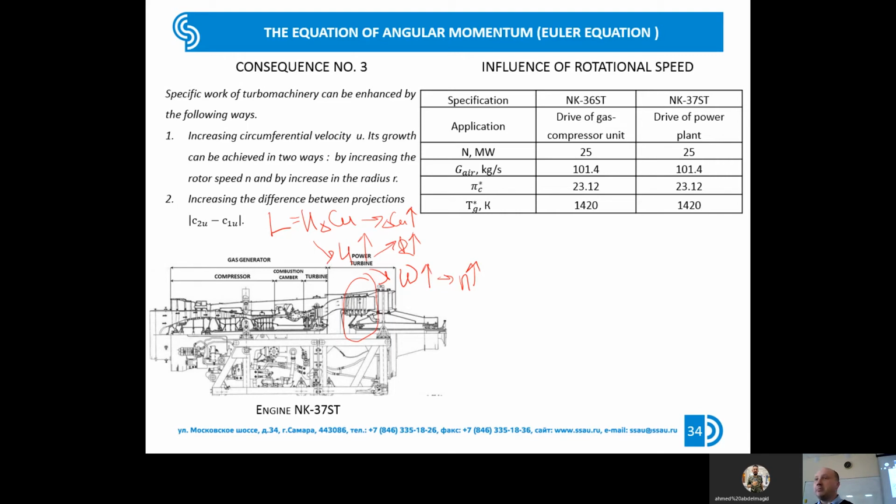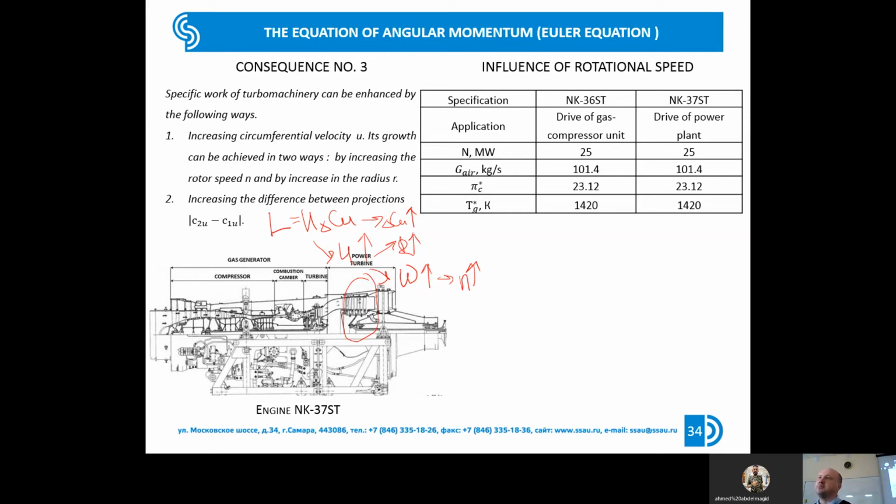The difference is in application. The NK36ST is used for driving a gas pumping unit. The NK37ST is used to drive an electrical generator. And the rotational speed of the free turbine is determined by the device which is supplying energy.